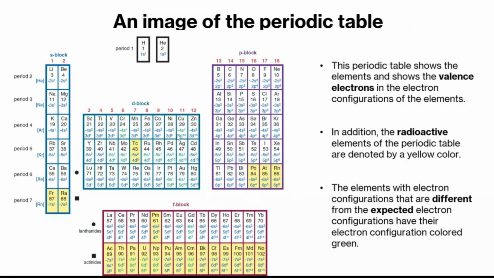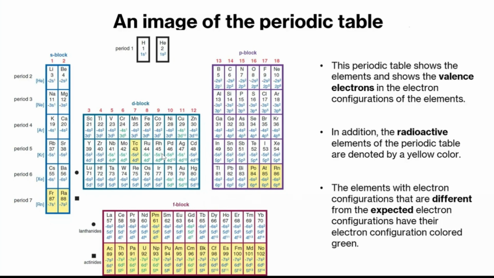Now, the main reason we do that green color on the electron configuration is because it's different than what is expected for that balanced electron configuration. Take for example palladium. One may expect it to have 2 electrons in the 5s orbital and 8 electrons in the 4d orbital. However, this is not the case, because there are 10 electrons in the 4d orbital and 0 electrons in the 5s orbital.